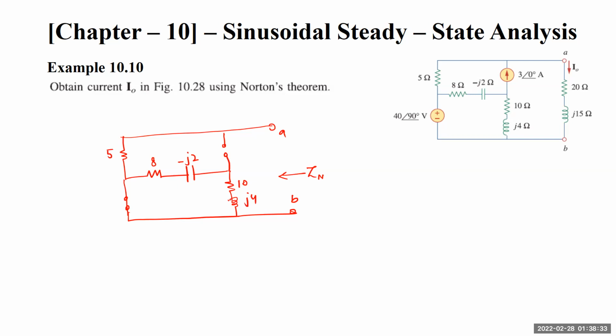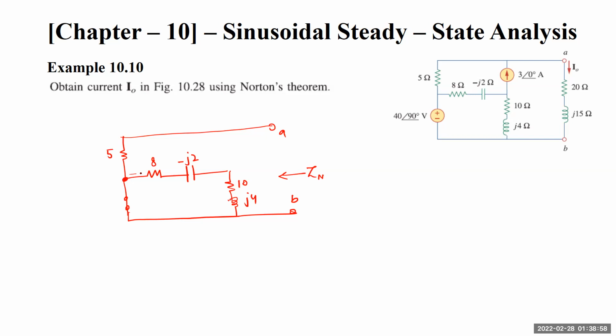If we have to find the equivalent circuit, what is it? Say, for example, if current is flowing from here, the current will come here and try to go there. There is an open circuit, so no current flows in this branch. So I basically remove this branch. The current comes here, goes through this 5 ohm, and goes here.